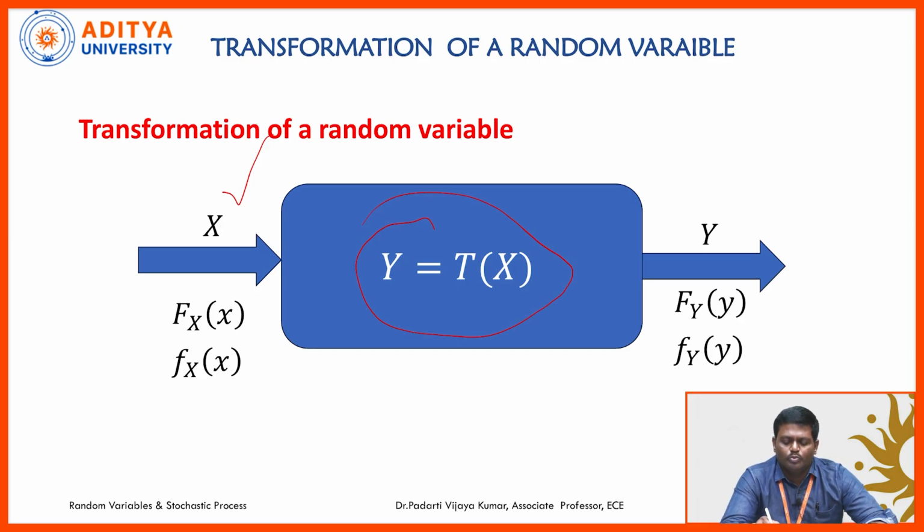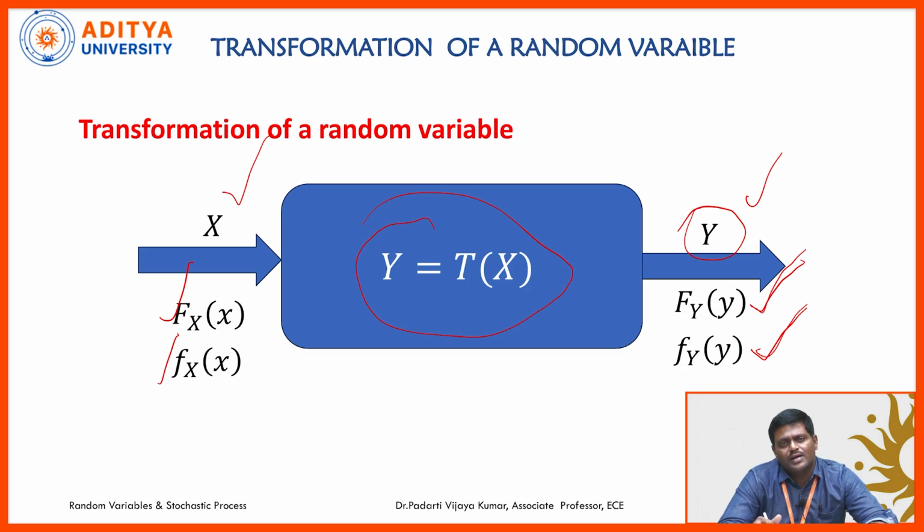The output of this function gives you the new random variable y. Let us assume the distribution function and density function of input random variable x as capital Fx of x and small fx of x. The corresponding outputs we will get as y, the y related distribution function and density function. In practical scenarios we will apply these concepts.